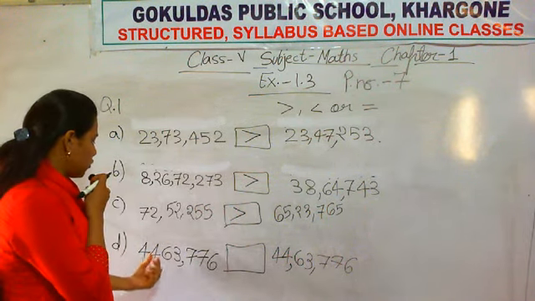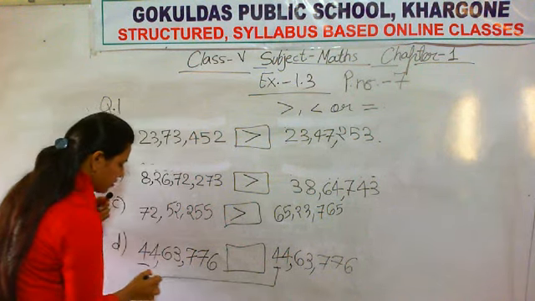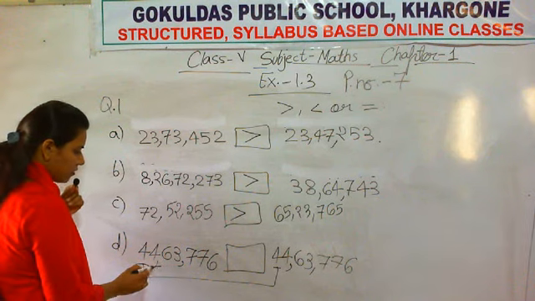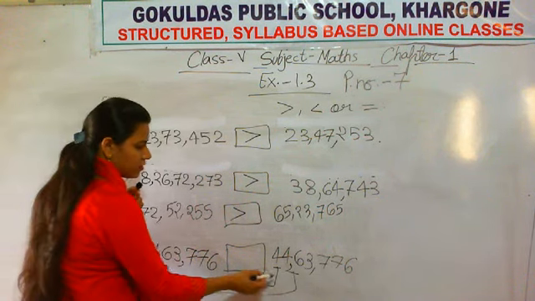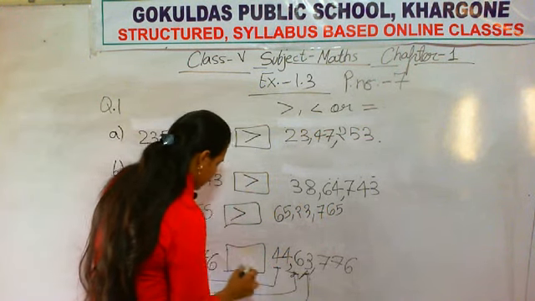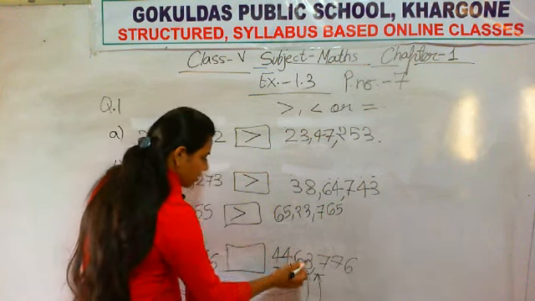Now what will you do? You will compare the highest place values. In both the numbers, the highest place has 4. At the next highest place 4 is there. At the next highest place again the same digit, 6, is there. At the next highest place 3 is there.